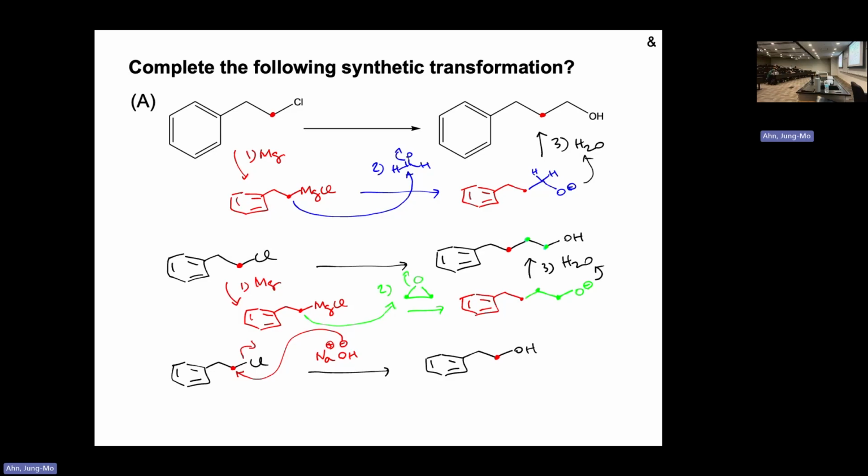Using t-butoxide, with the intention to make the double bond. Because the reaction with the hydroxide can be a problem.